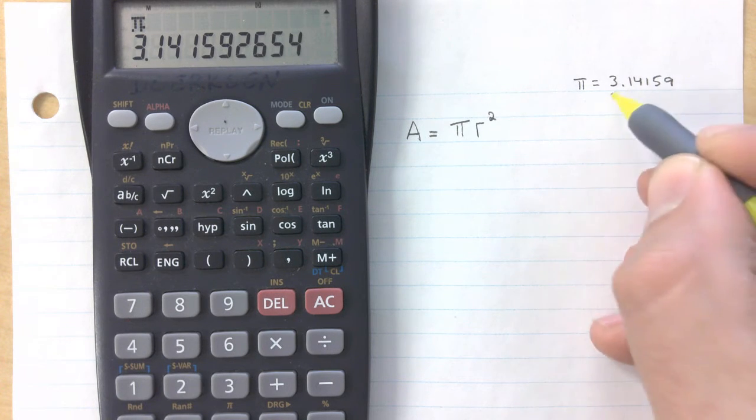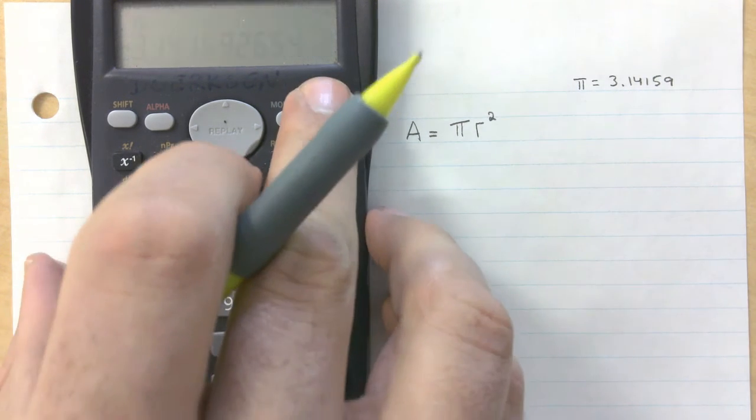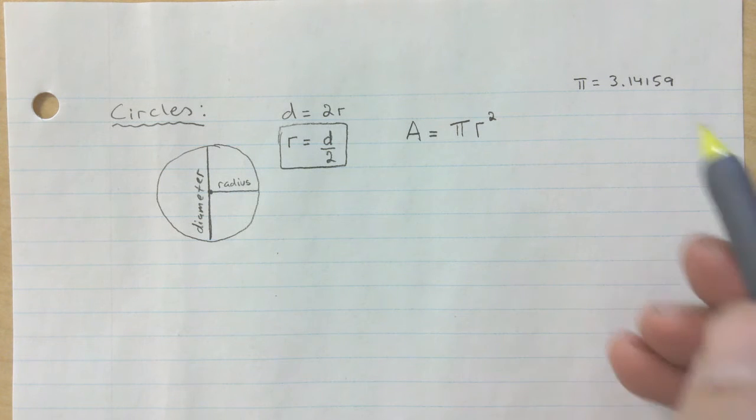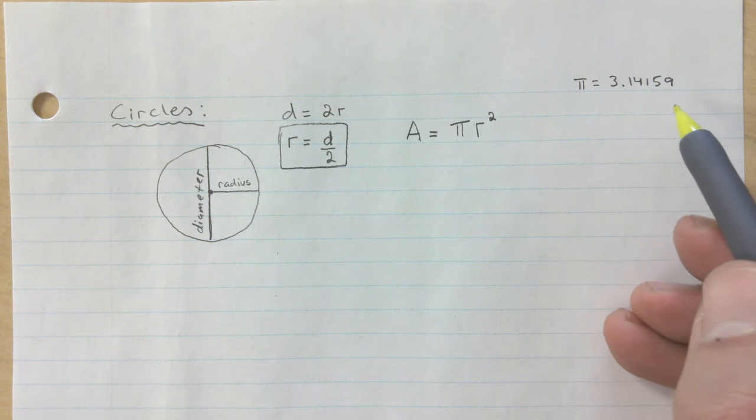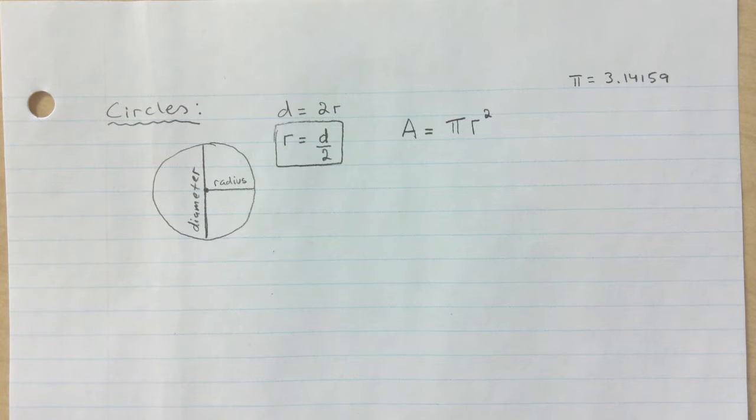3.14159. If you use that many decimals, you will get the same answers as we are getting. But I know some teachers probably always told you 3.14, right? I don't want you to do that. I want you to be as exact as possible. So 3.14159.